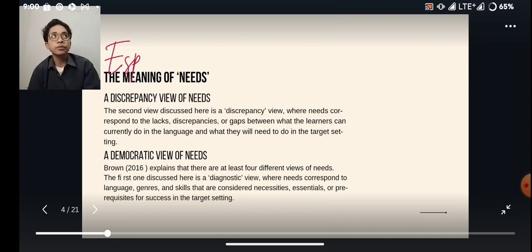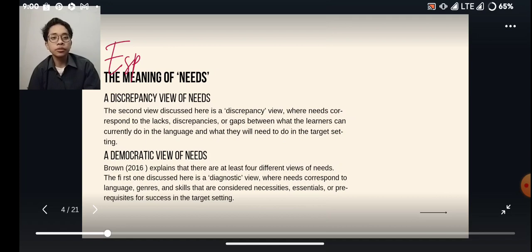Like in the previous chapter, Dudley-Evans and St John use wants to describe this concept, and the most important stakeholders here, of course, are the learners themselves. Learners almost universally want their courses to be interesting, enjoyable, manageable, and relevant to their future goals.